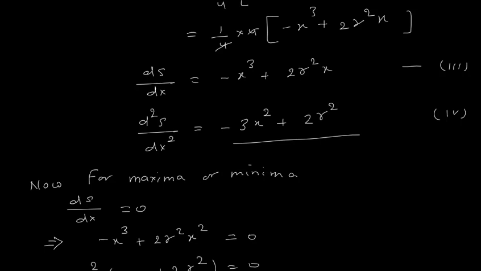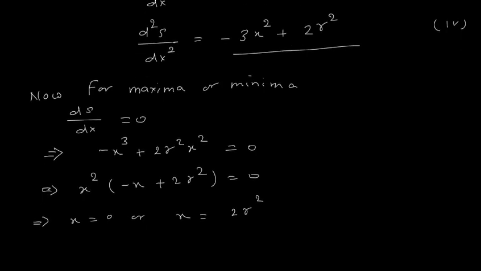Now for minima we have this equal to 0. So here we have 2r square into x. So when I take x common, here I have minus x square. Okay. So x is 0 or x square is equal to 2r square.